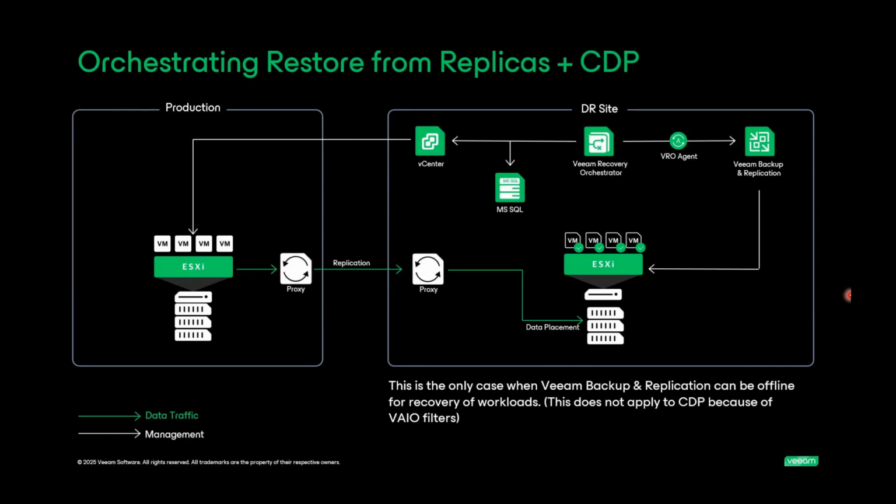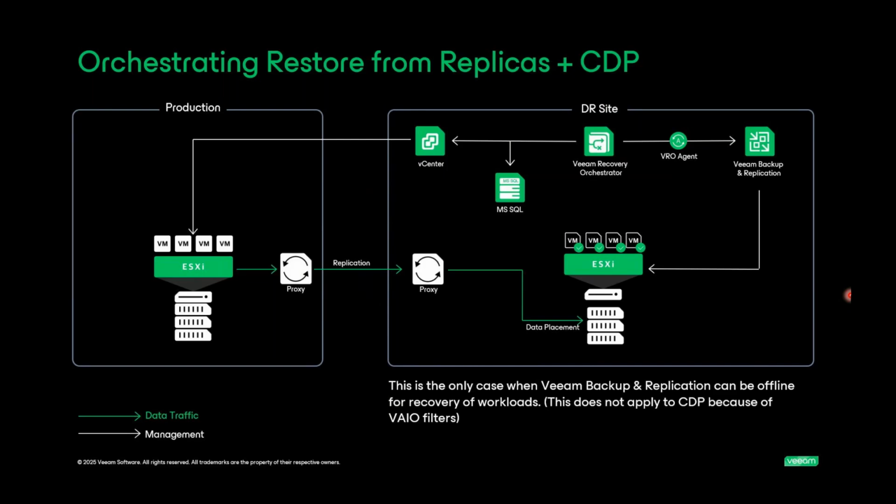It's in a specific format, and we need to recreate the VM when we do the restoration. So we need to transfer all that data from the backup repository to the production repositories, create those VMs, register them with the hypervisor, and so on. And that can add to the time until we have our services up and running. If we need to have the services back up very fast, then we can use replicas.